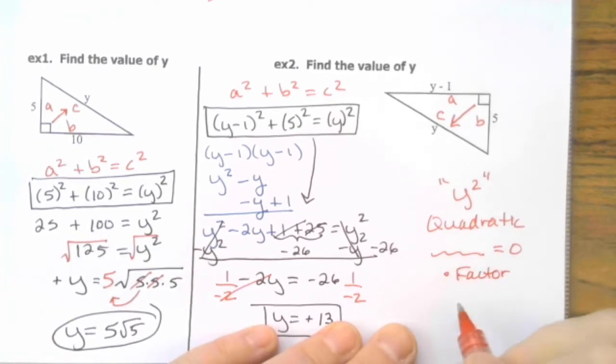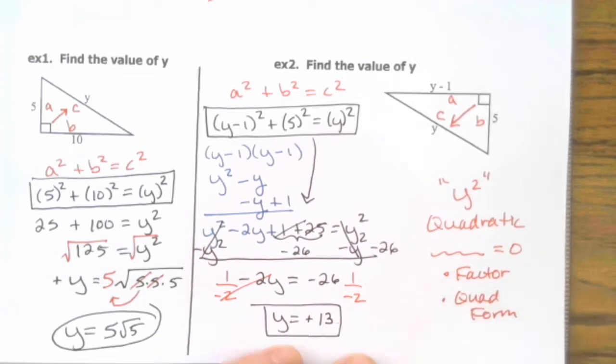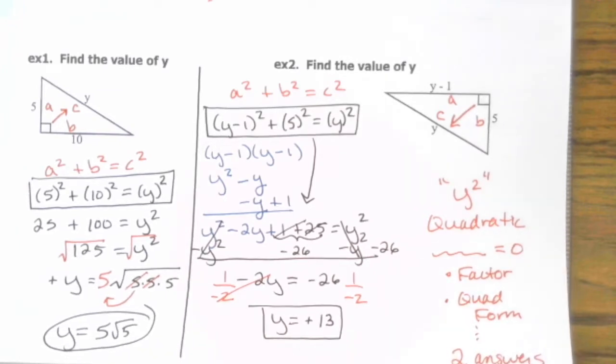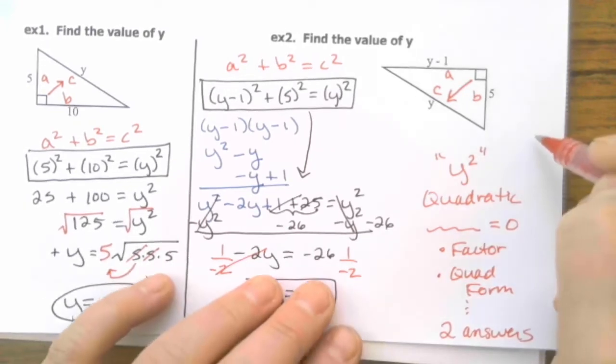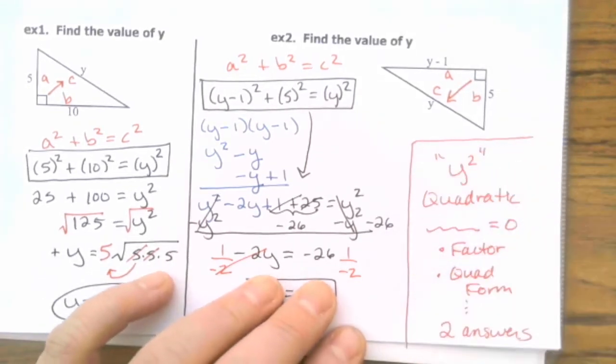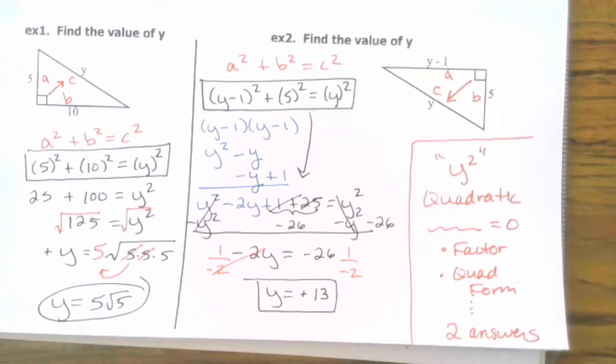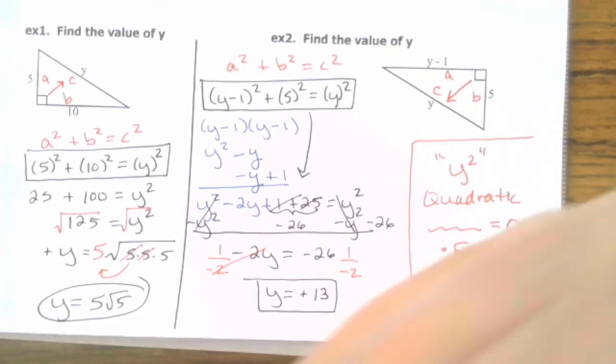If that didn't work, you could use the quadratic formula. And from that, you would get two answers and would need to figure out which one makes sense. Obviously, negative numbers don't make sense, so in that case, you would only keep the positive number. So there will be a couple where the y squared doesn't actually subtract out.